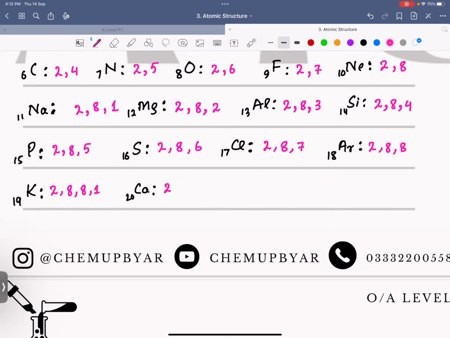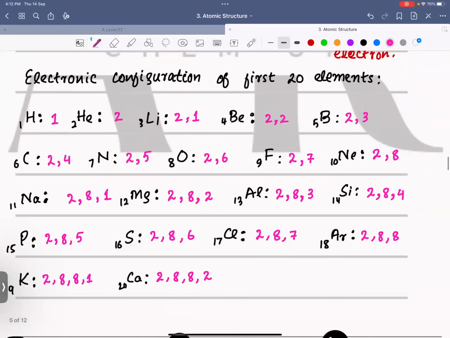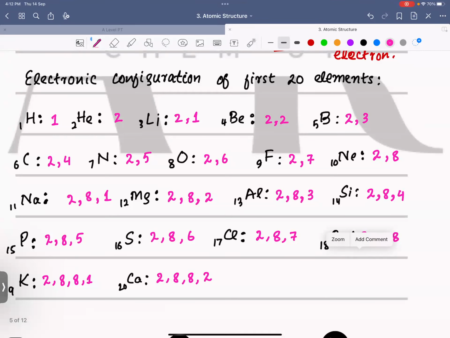And the last one is calcium, 2,8,8,2. The examiner usually asks the electronic configuration in the exam from these 20 elements, and the maximum is 20 electrons in an atom, not greater than that.